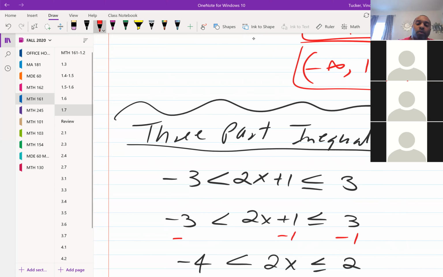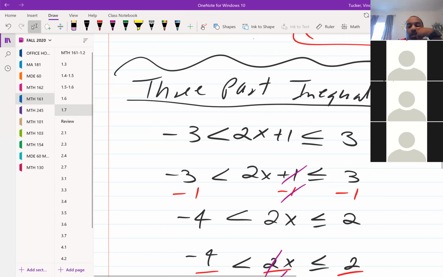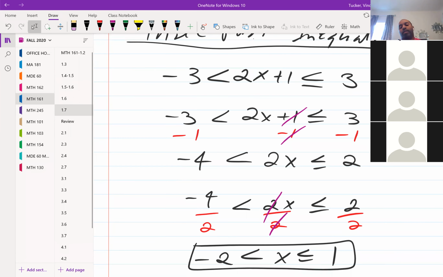So we're actually going to subtract 1 from all 3 parts, canceling out the 1 in the middle, leaving us with negative 4 less than 2x, which is less than or equal to 2. Then we divide each part by 2, and that will give us x is greater than negative 2, but less than or equal to 1.